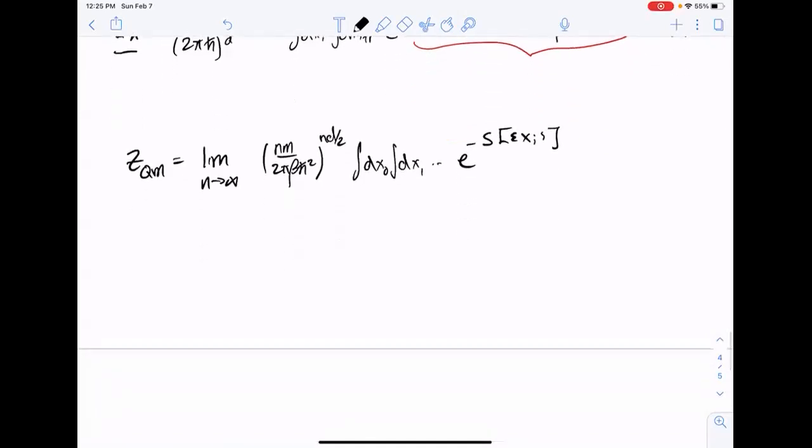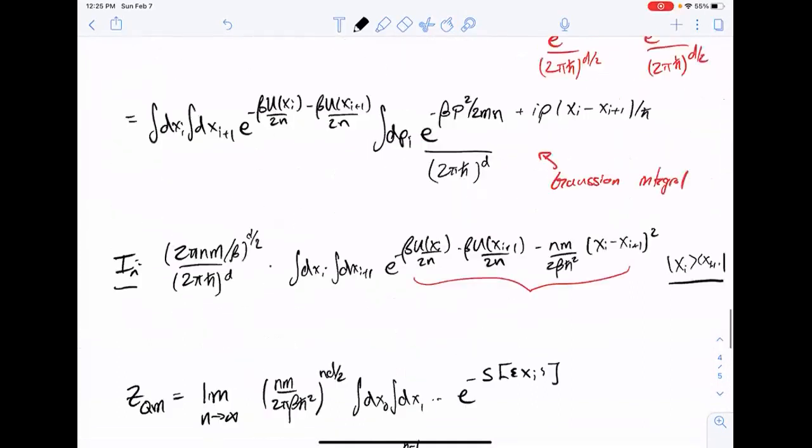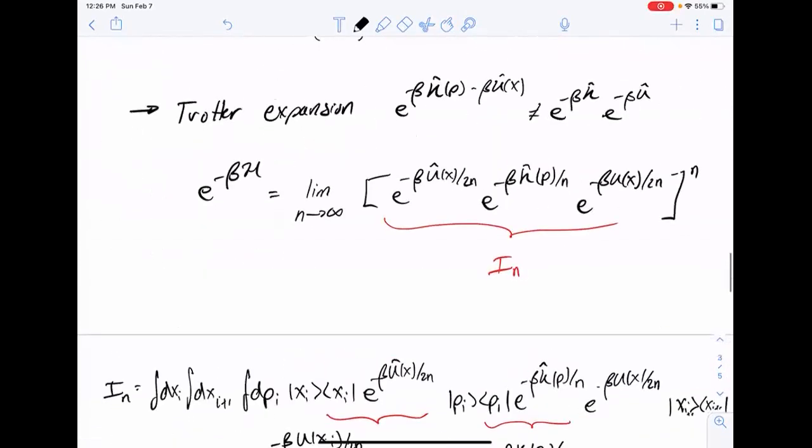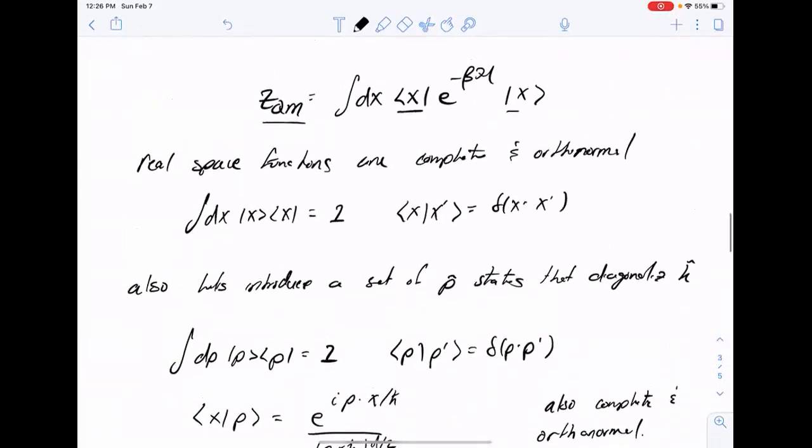That function S, called an action, is equal to beta times now a sum over i from 0 to n minus 1. Minus 1 because this projector at the end of each component gets put under this initial trace operation, meaning that those boundary terms have to be cyclic.